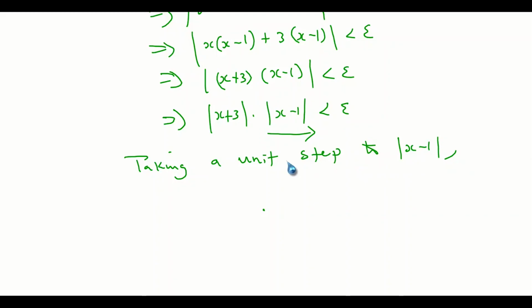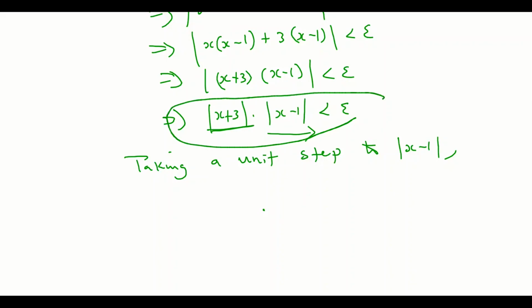So why am I taking a unit step to this closeness? It is because I want to find the value of x so that I can get rid of this one, and I need to make sure this is very large.